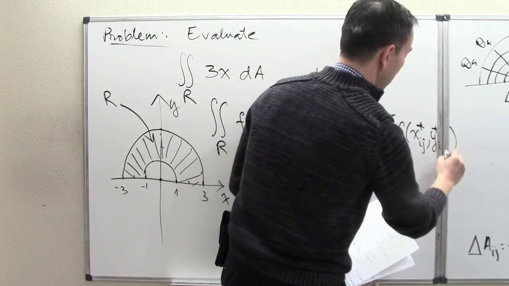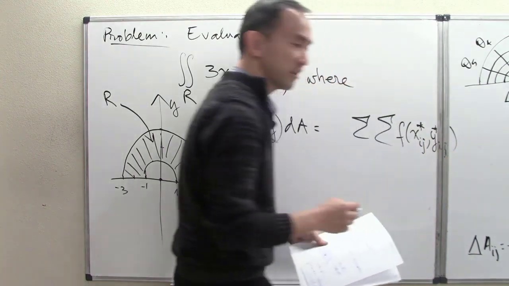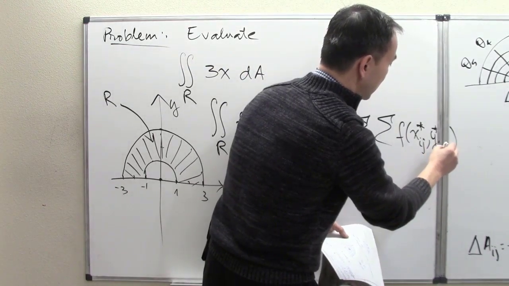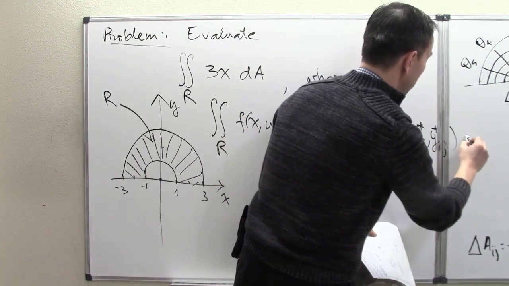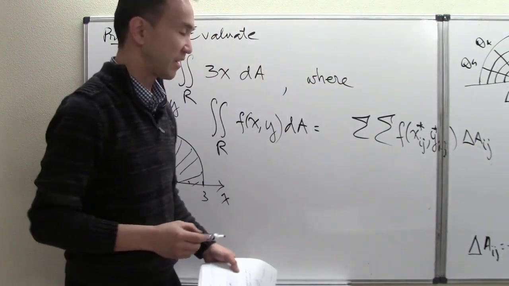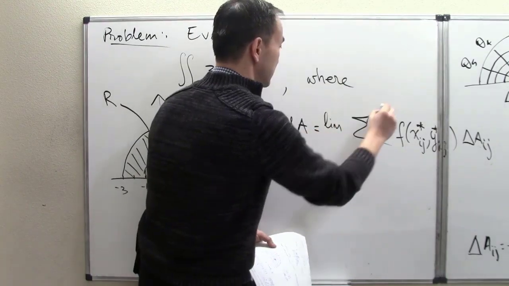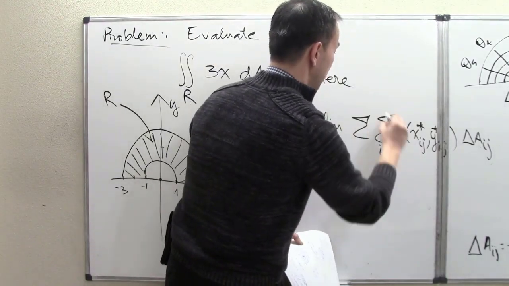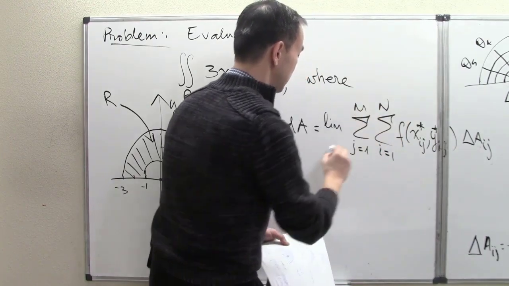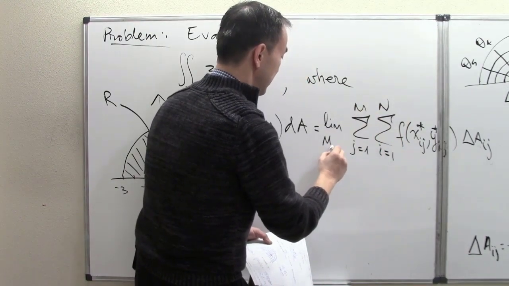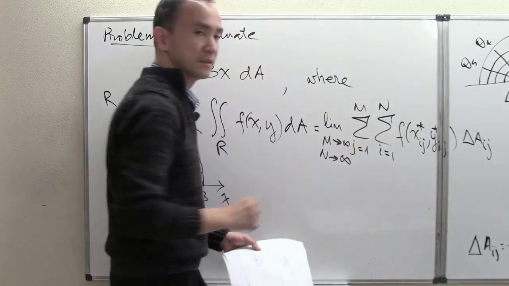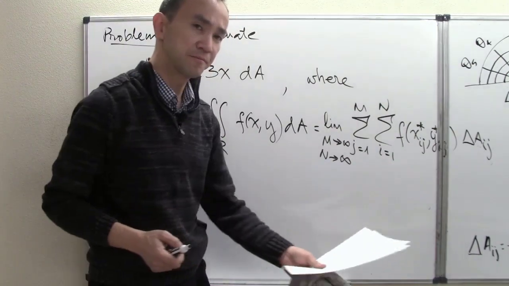That's why I have the ij component right here. And then multiply with some delta A ij, and then we take the limits. The i is going from 1 to n, and the j is going from 1 to m, but then we let the limits m and n both go to infinity. That's how we define an integral.